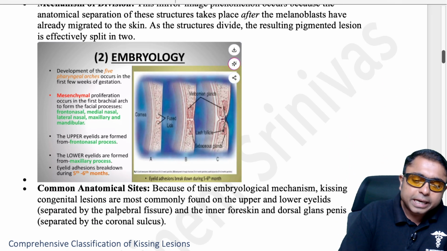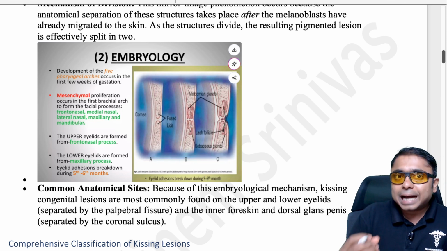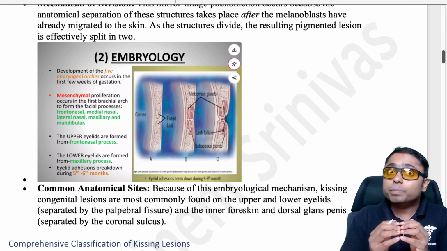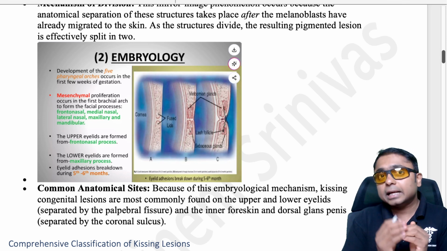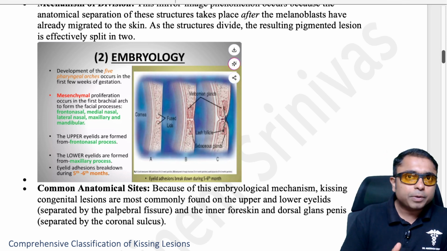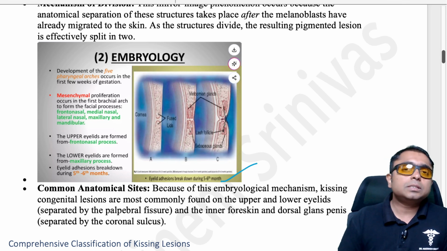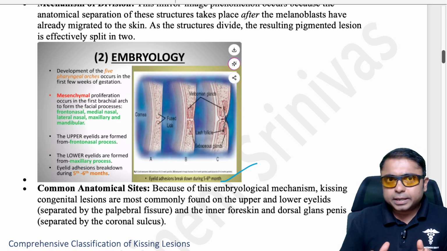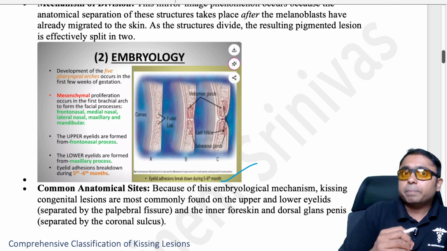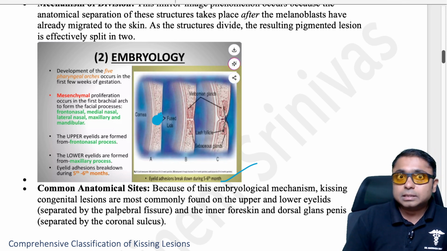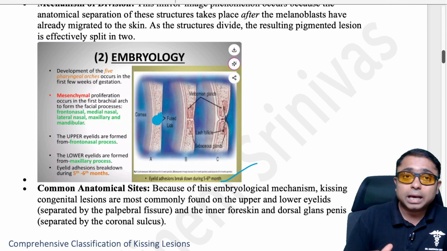Initially, during the embryonic development period, the eyelids are undivided and attached to each other, the upper eyelid and the lower eyelid. Later during embryogenesis, at the 5th and 6th month, the adhesive bands between the upper and lower eyelids separate. Before this separation, melanoblasts come and populate the upper and lower eyelids.